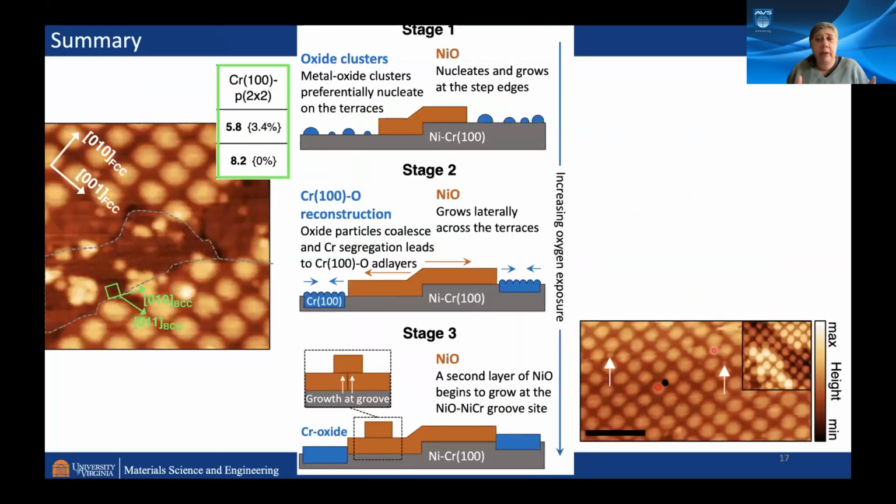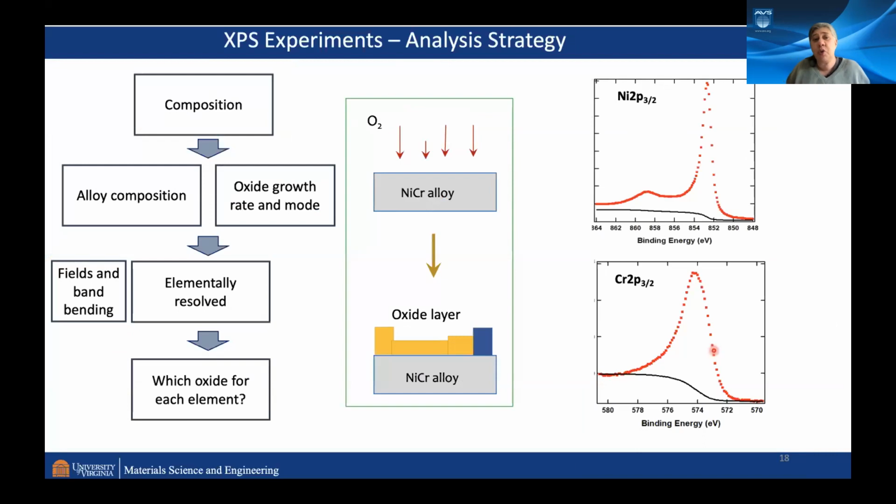I would like to step away now from the question of the structural and electrical issues which work out on the STM scale, and switch now to look at compositional questions. For that reason, I'm going to use XPS, a wonderful method to look at the chemistry itself.